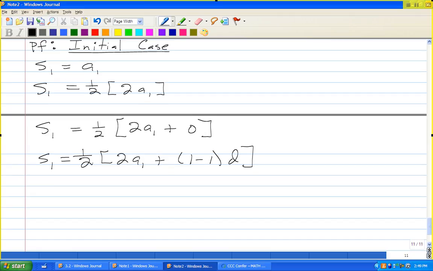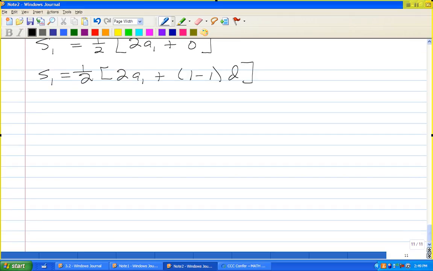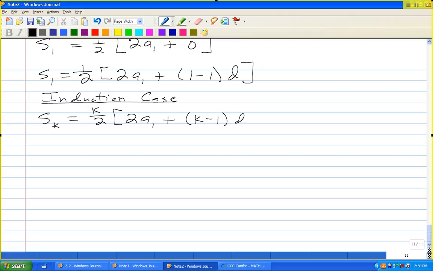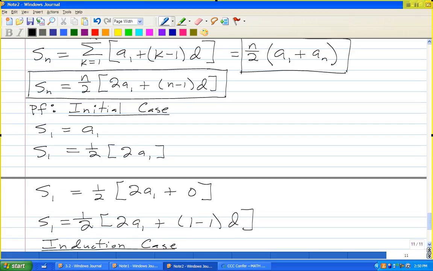Let's do the induction case. See if the induction case holds. So first, let's suppose that S sub k is equal to k over 2 times (2a1 plus (k minus 1)d). And so I just replace n here by k.